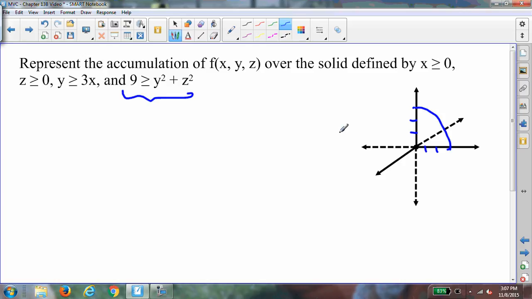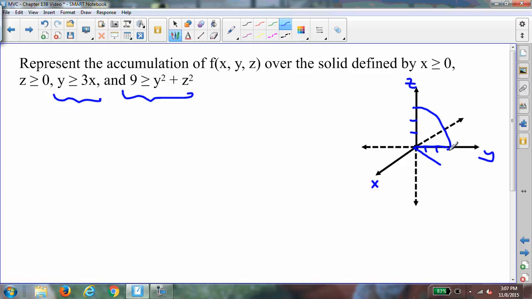Now, I don't want to draw the rest in until I see what shape I need to draw the cylinder over. I have y greater than or equal to 3x. So assuming this is x, y, and z, y equal to 3x would be this line here. X is greater than or equal to 0, so I'm basically starting from this line, going up to the line y greater than or equal to 3x. Z is greater than 0, so I'm looking at everything above the xy plane, and like I said, inside the cylinder.